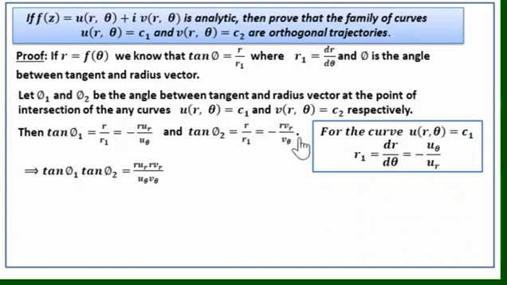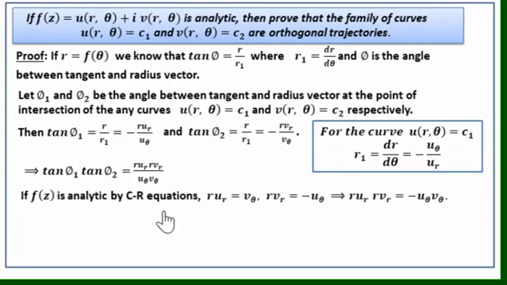Multiply the right hand side: minus into minus plus, r u_r into r v_r divided by u_θ into v_θ. Now we are going to use the CR equations to prove that this right hand side equals minus 1. Since the function is analytic, u and v satisfy the Cauchy-Riemann equations in polar form, that is r u_r equal to v_θ and r v_r equal to minus u_θ, or we can write r u_r into r v_r equals minus u_θ into v_θ.